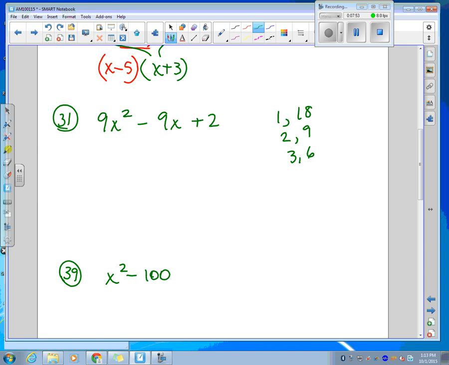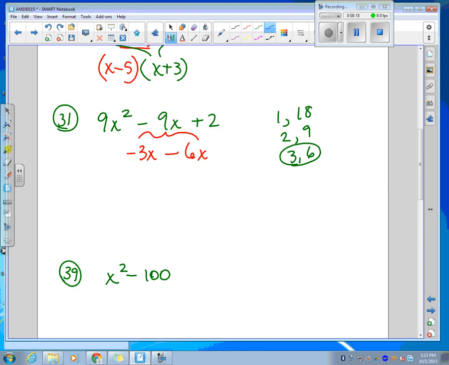So the two things that I can add or subtract from this list are the 3 and the 6. That will give me 9. And I know that they're both going to be negative this time because of the way this is working out. This is going to be negative 3x and negative 6x to give me the negative 9x.